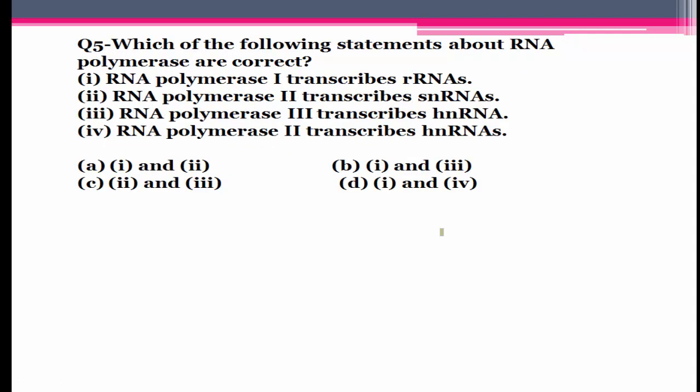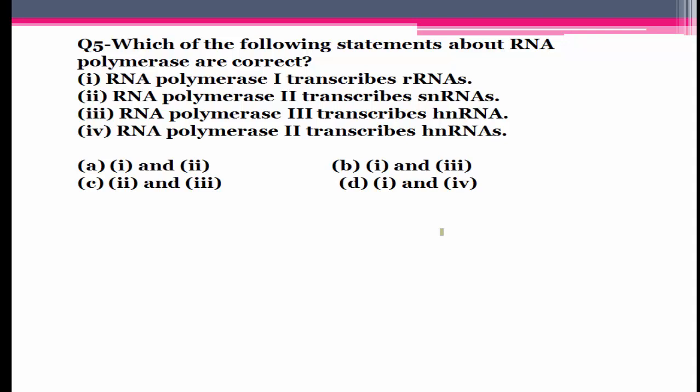Which of the following statements about RNA polymerase are correct? Here, the different RNA polymerase enzymes are given as options with respect to their catalytic activities. RNA polymerase 1 transcribes rRNAs. Whether this is right or wrong, it is the right option.